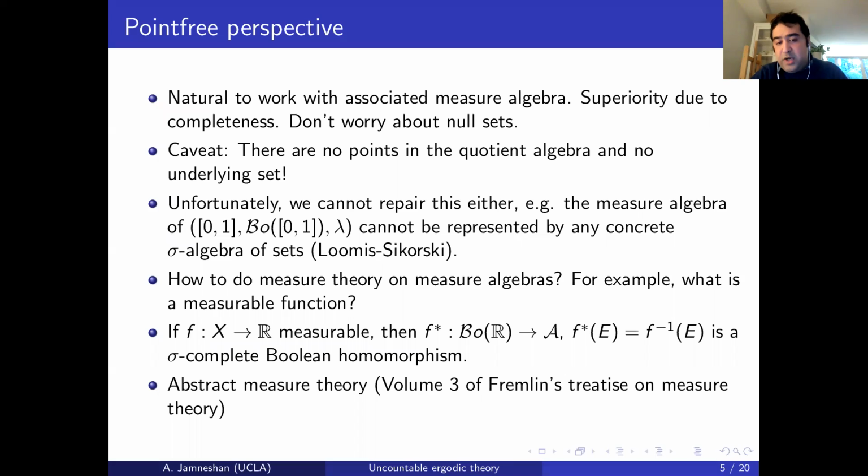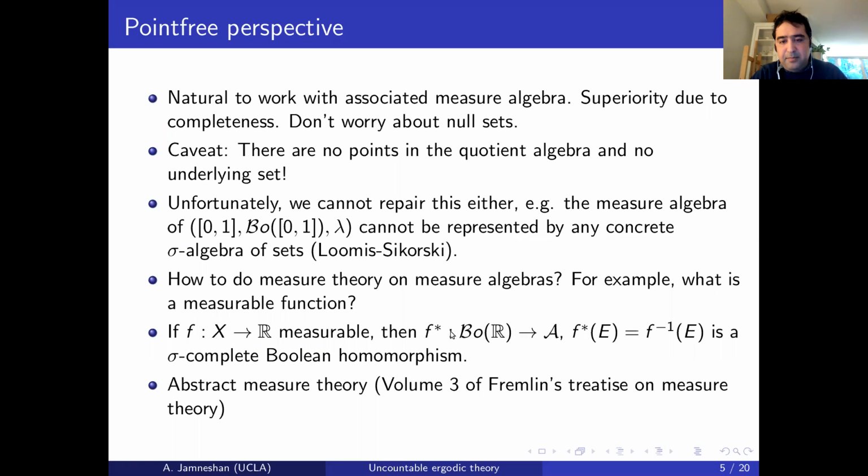So one way to do that is, instead of working with measurable functions, to work with Boolean homomorphisms. So for instance, start with a classical measurable function f from X to the reals. And then you can consider the pullback map.